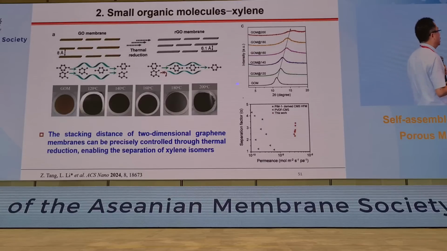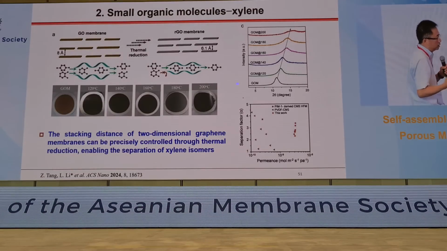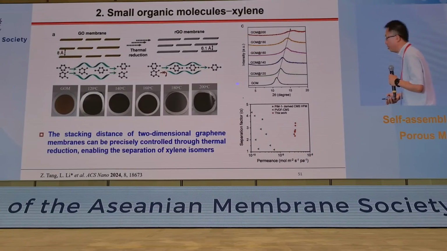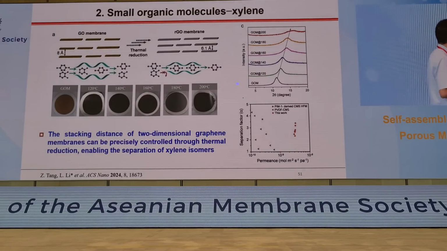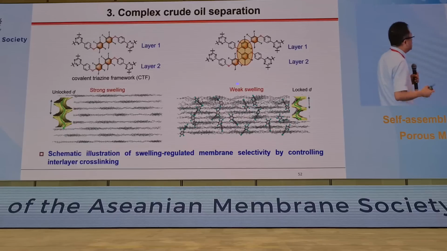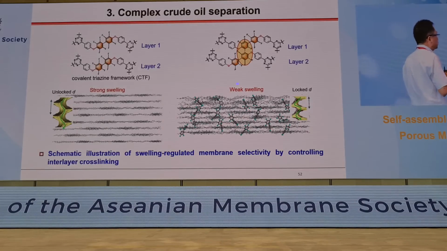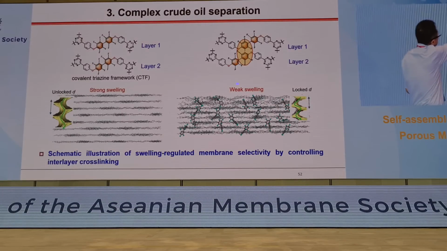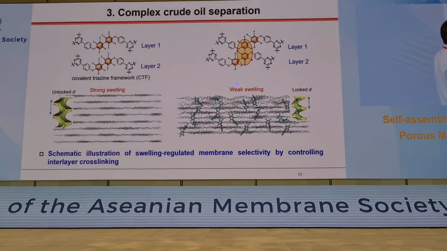We also notice that the permeance of this membrane is 1 or 2 orders of magnitude higher than current reverse osmosis membranes. So in the final example, we introduced a new cross-link method inside the so-called covalent triazine framework membranes.